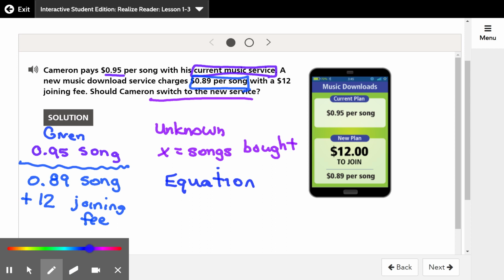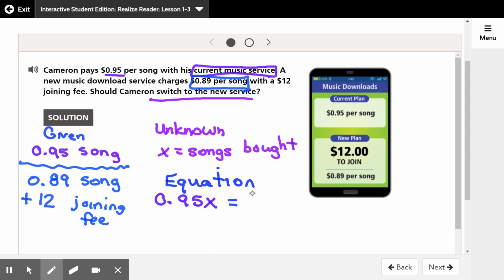So I have the first side, which is 0.95x. And then I have his other side, which is 0.89x plus 12.